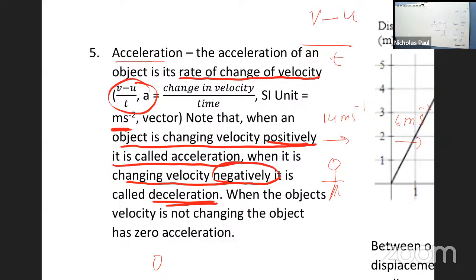Yes, sir. Right, Hamlet. Here's the question. Suppose the velocity is not changing. What will happen? Suppose this guy here is running, his velocity is 4, and a little while after it's still 4. What happened then?